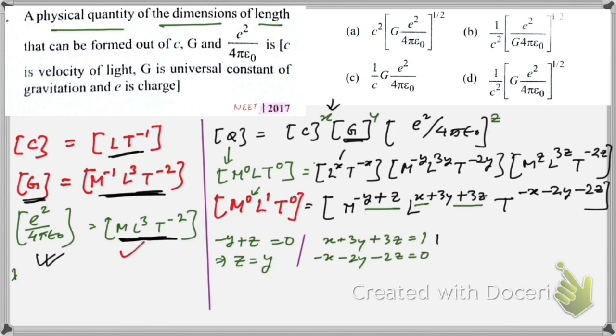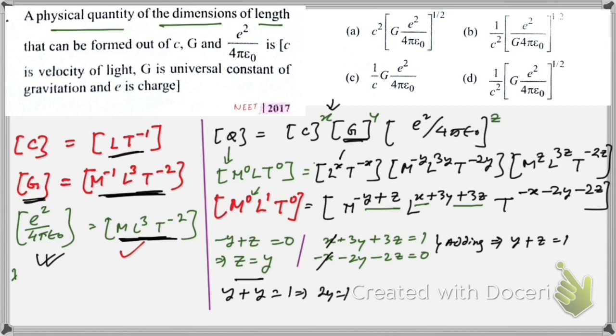Okay, so adding these two equations, minus x plus x is going to be cancelled, we will get y, and here 3 minus 2 gives plus z, equal to 1. That's what we will get, right? As z is equal to y, if you put z equal to y, then we get y plus y equal to 1, that's twice y equal to 1.